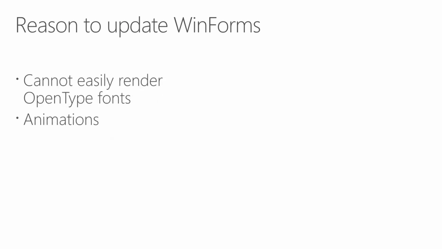You can't render certain kinds of fonts easily in WinForms. Another thing you see in a lot of modern applications is transitional animations that give your users a sense of where they are in the application. There is no support in WinForms for that. If you want to make it, you either have to buy a third-party tool or you have to build the framework yourself.